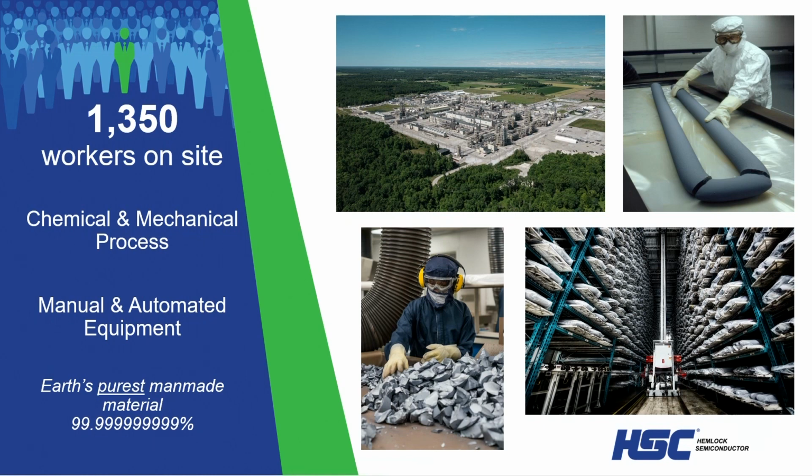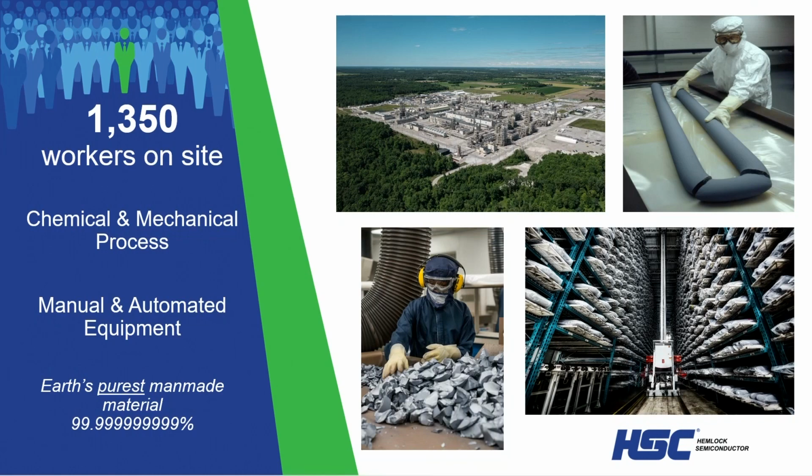And our company consists of just over 1,300 employees. We have a chemical process and a mechanical process to get to that purity. We're dealing with solids, liquid, gases, a lot of standard chemical engineering. That's actually where my background is in. There's manual equipment and automated equipment, so that's where our labor is really coming into play here. You can see one of our employees here working with the poly and sorting it.